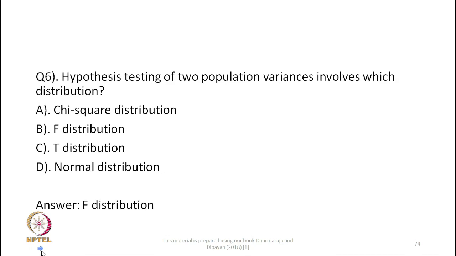The correct answer is the f distribution. Hypothesis testing of two population variances involves the f distribution.